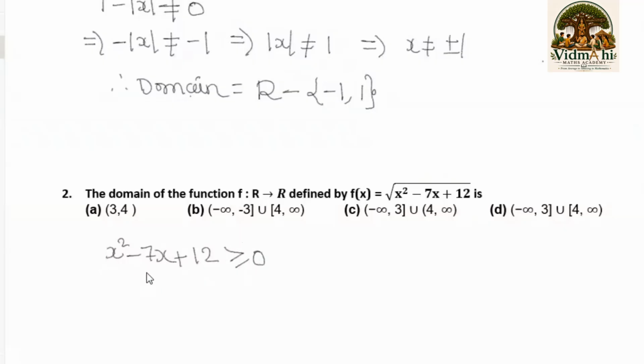Now observe this left hand side, x square minus 7x plus 12. This is a quadratic expression, so factorize it first. Split the middle term: x square minus 4x minus 3x plus 12 is greater than or equal to 0.